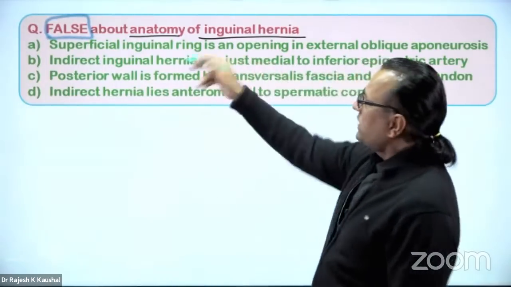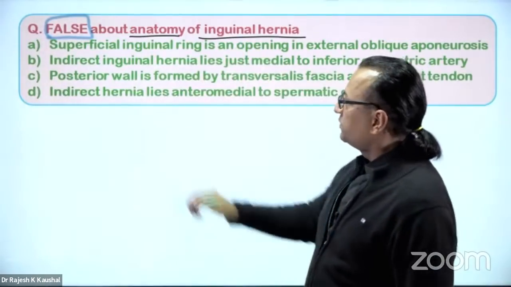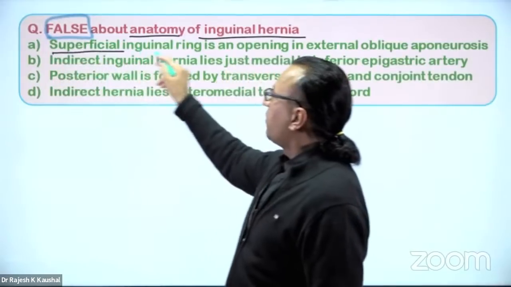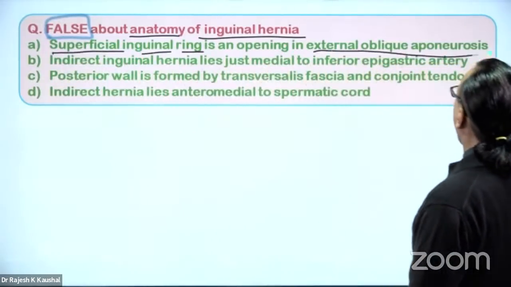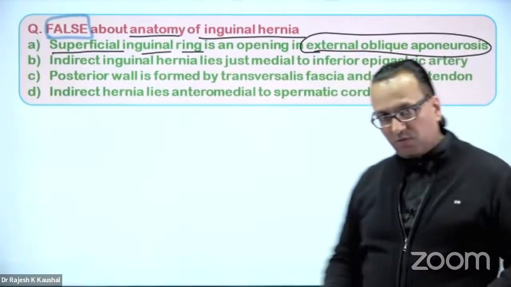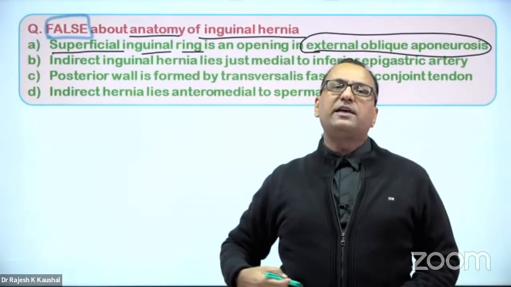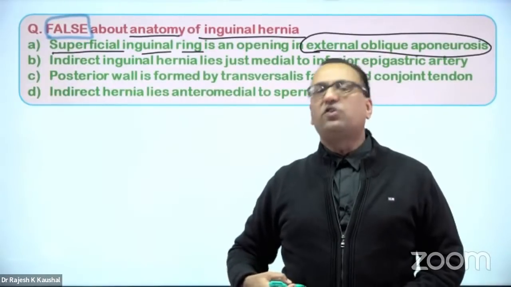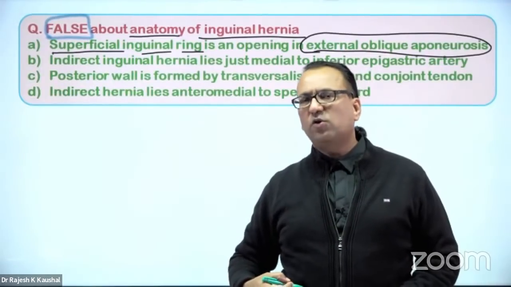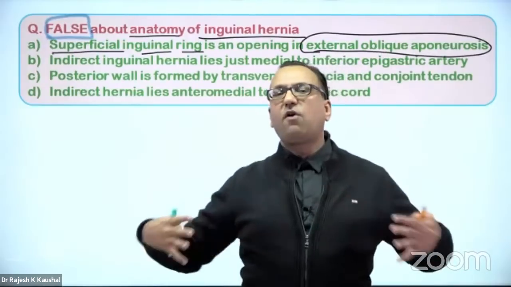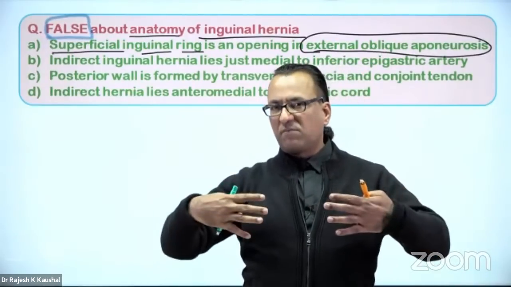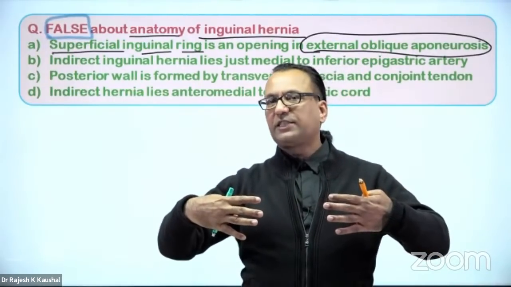Anyhow, what is the false statement we want to know? Is the superficial inguinal ring an opening in the external oblique aponeurosis? We know, yes, it is correct. Where is the deep inguinal ring? The deep inguinal ring is a defect in the transversalis fascia. In the anterior abdominal wall, we have some muscles in the anterolateral aspect.